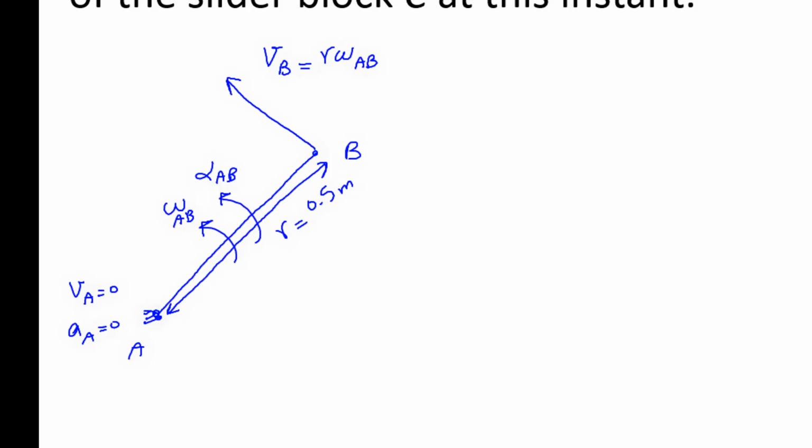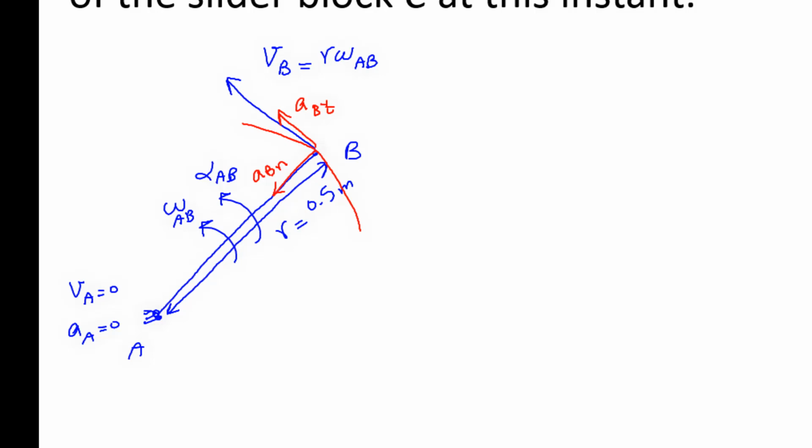For point B, we are moving on a circular path as the link rotates. So we have two components for acceleration. One is normal and the other one is the tangential acceleration.